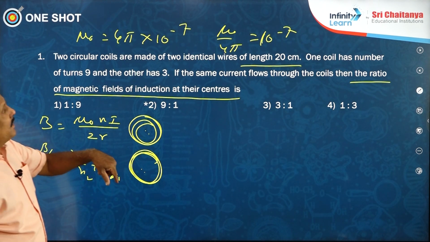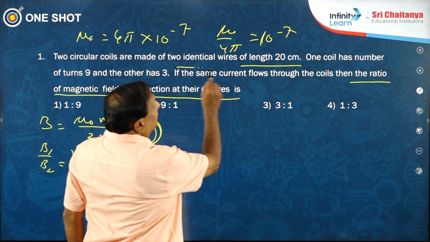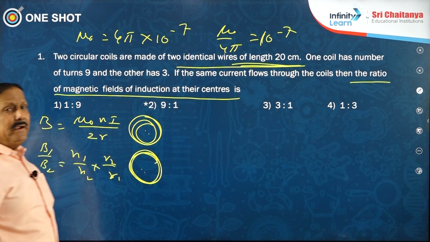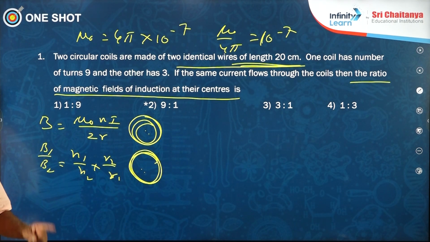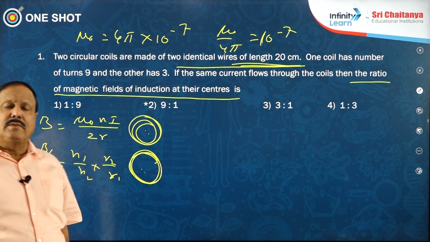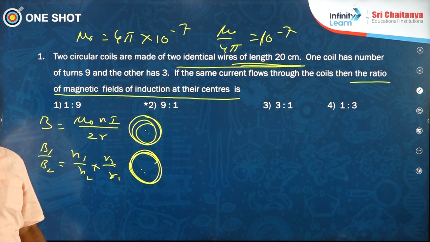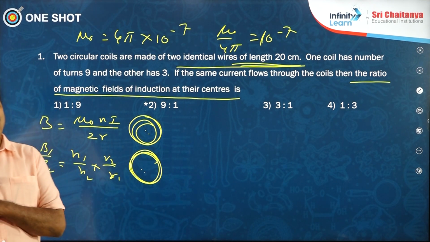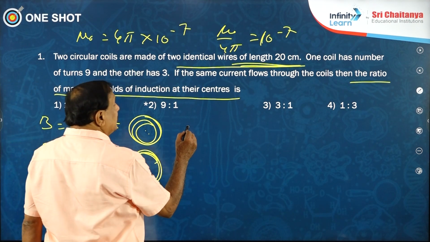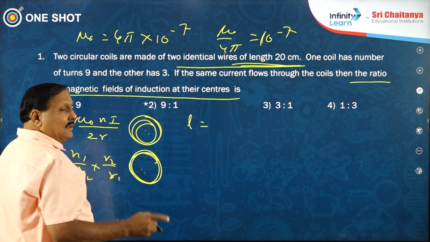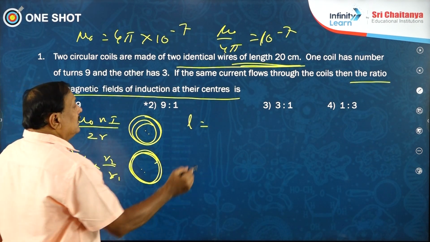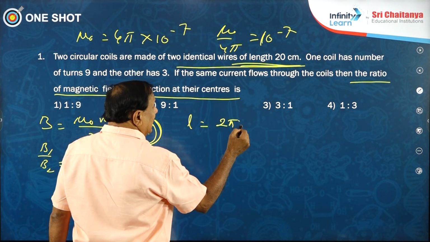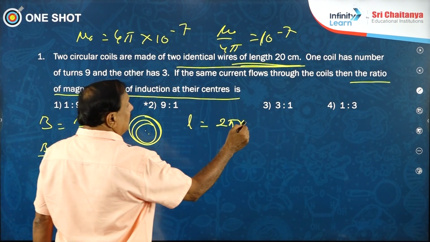But in this particular problem, they told both the coils are made of the same wire, 20 centimeter. That means the length of the wire taken is the same. The same wire is used for one coil, and the same wire is used for the other coil. Therefore, the length of the wire, because it is made into a circular coil, for every circle is 2 pi r into the number of turns.